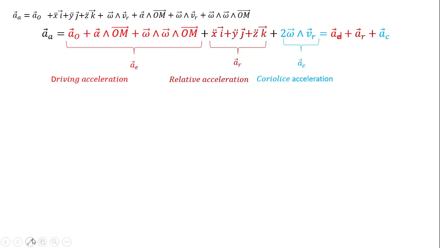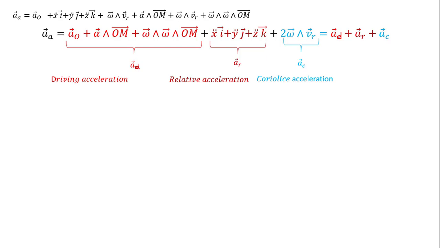You might see in other references or books that AE is similar to AD, the driving acceleration. Or sometimes we say that this is the training acceleration or the drift acceleration, which is in French l'accélération d'entraînement. So these are different words meaning the same thing.